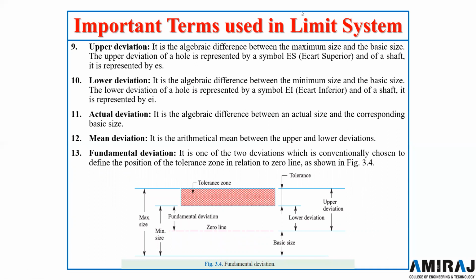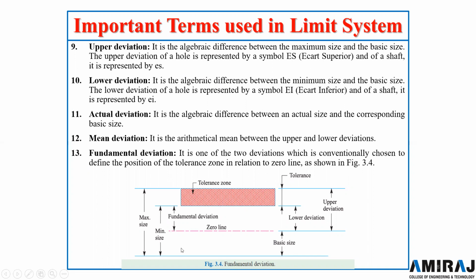Okay, now the lower deviation. It is the algebraic difference between the minimum size and basic size. Here you can see this is the minimum size and here it is the basic size.